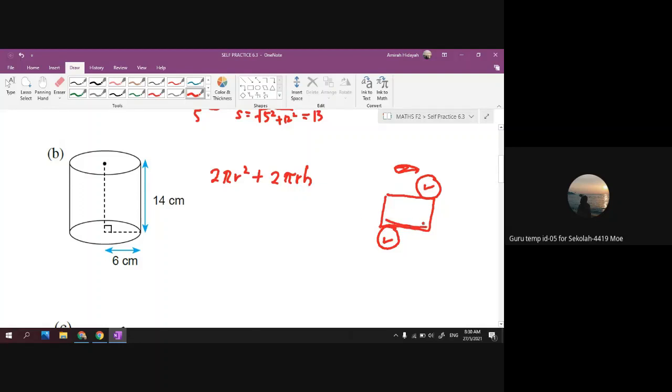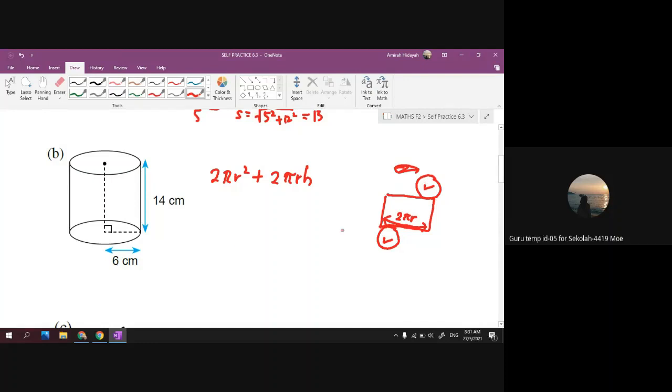So the length for this rectangle is 2 pi r because it comes from the circumference of this circle. Kalau kamu buka cylinder ni, you open and lay out each surface of this cylinder, sebenarnya dia punya length of this rectangle is actually the circumference.